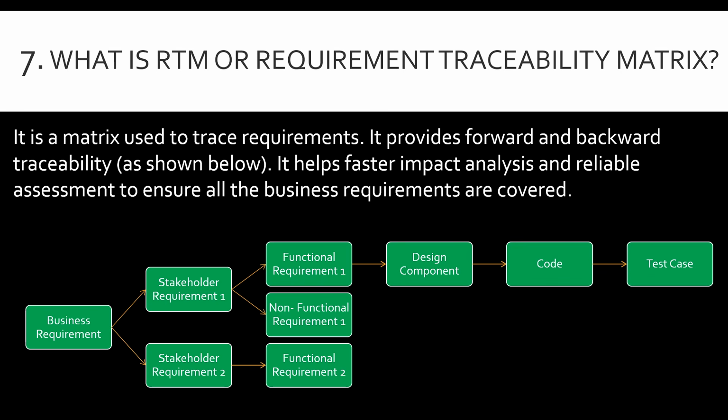So if you take an example of the screen to show the customers the list of available seats, the design would involve different screens and also the logic for showing up the available seats. So that all comes under the design, and then the design component maps to the code, in a particular language. It may be Java, .NET, or any other newer technologies like Python.